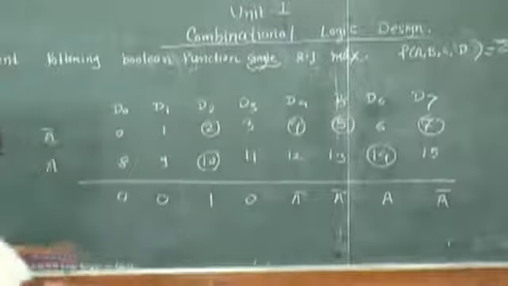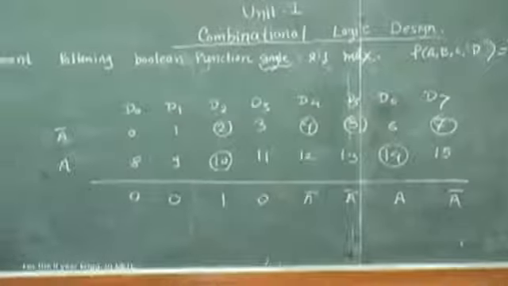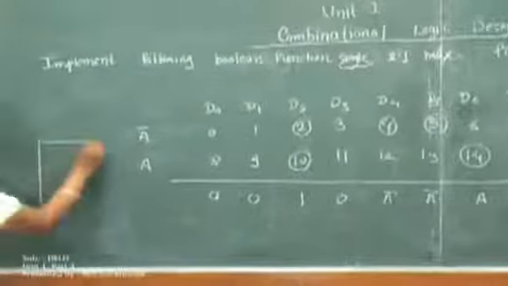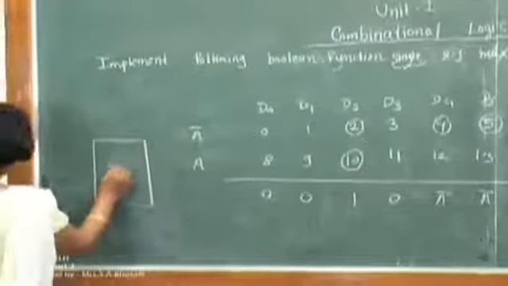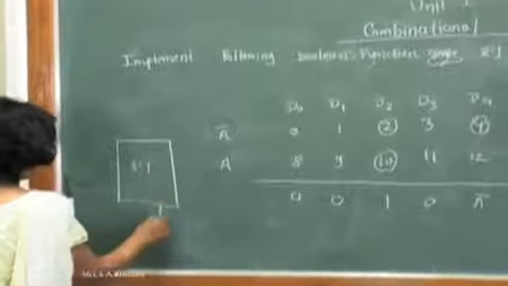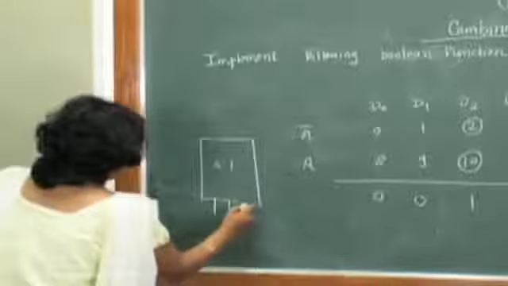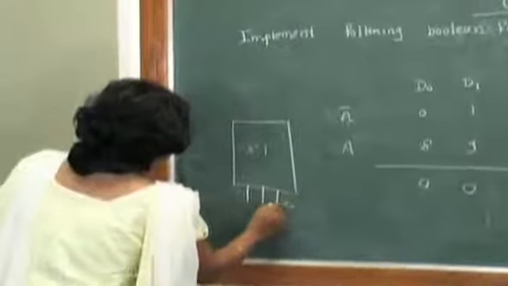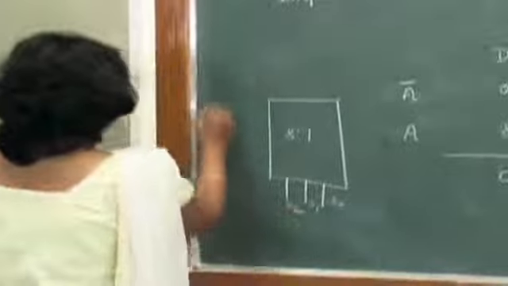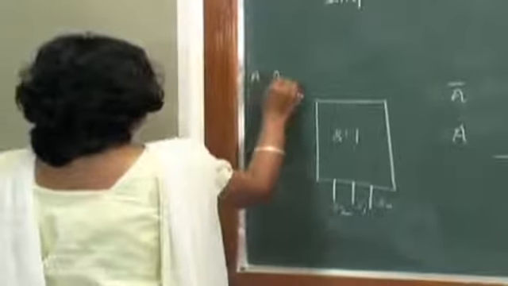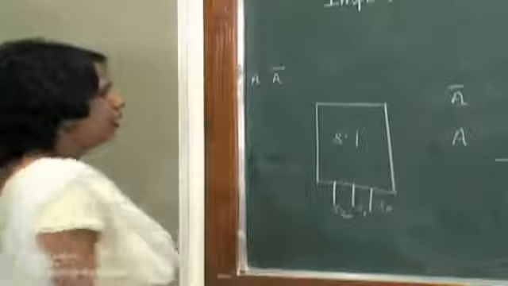Now see how I am going to design a structure using this. This is nothing but the 8:1 mux, which has a total of 3 select lines, S0, S1, S2, and one external input which is complemented with A bar.